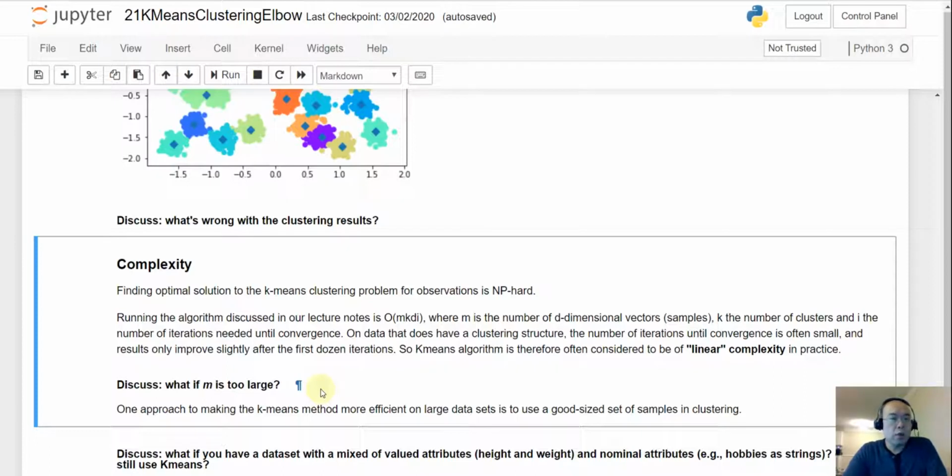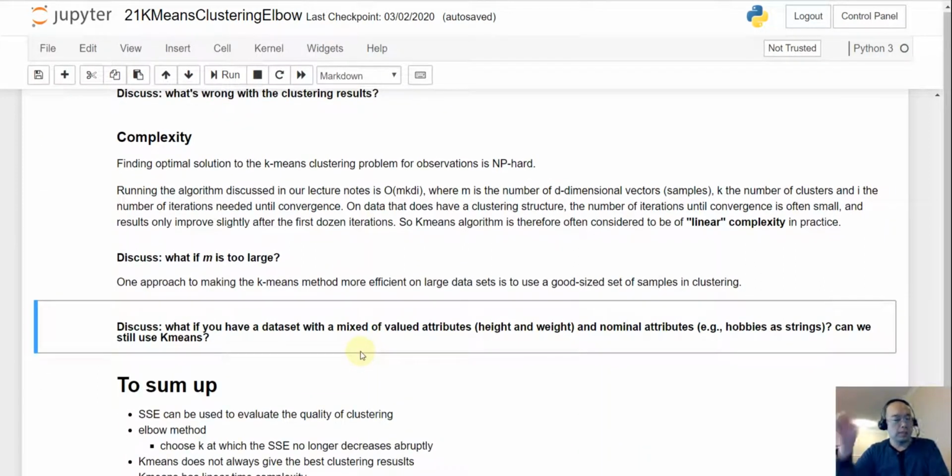Even though K-means does okay with large datasets, if the dataset is very large, one strategy we can still use is to sample part of the data for clustering instead of using all the data. Okay, the next one is a very interesting question.